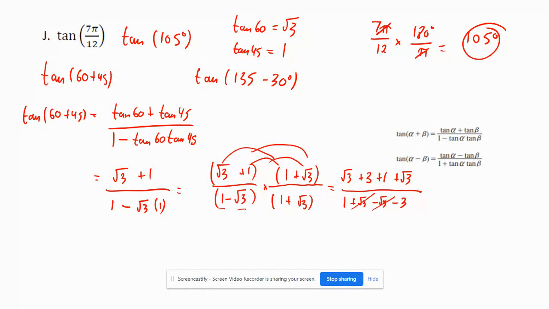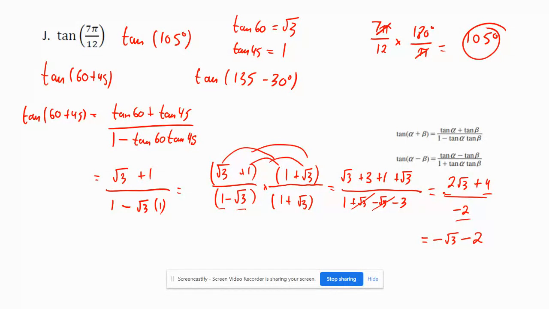These middle terms always cancel out when you multiply by the conjugate. So we have 2 root 3 plus 4. 1 minus 3 is negative 2. Okay. Now, since I have coefficients here and here, I can divide each of these by -2. And this gives me an answer of -√3 minus 2.